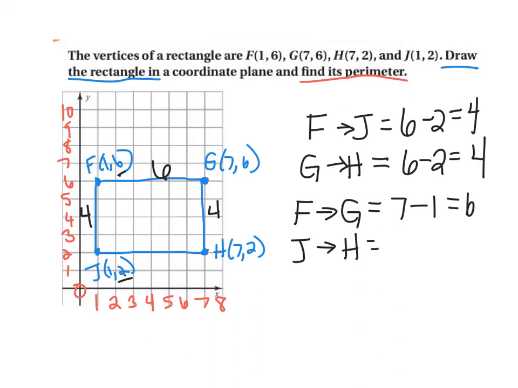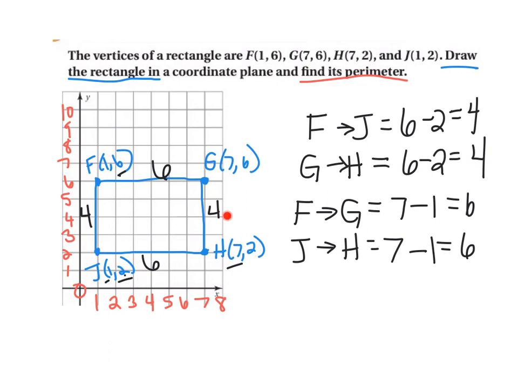So we're at 2 and 2 in our y coordinates, and then we've got 7 in our x spot and 1 in our x spot over here, and 7 minus 1 is 6 again. So that distance is 6 from J to H.